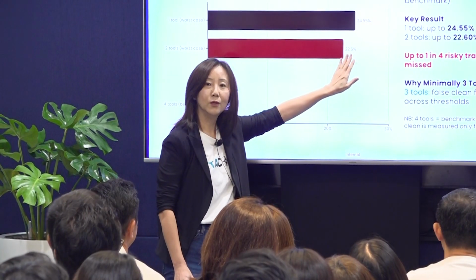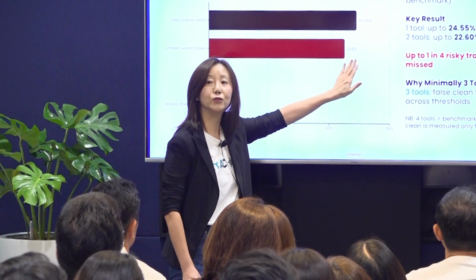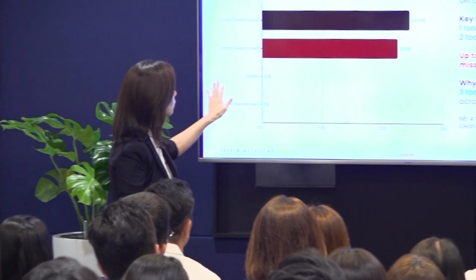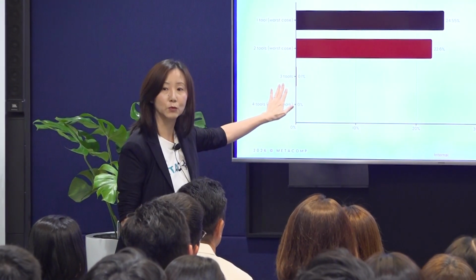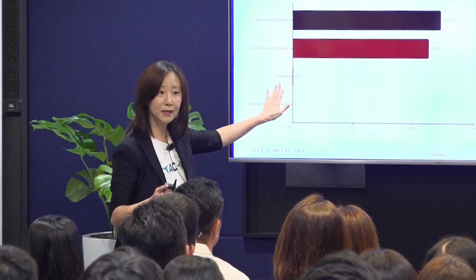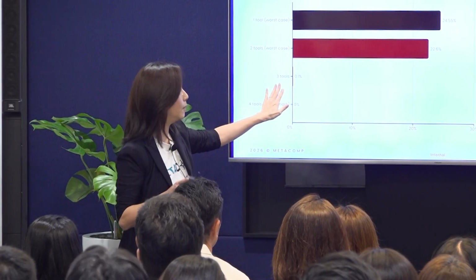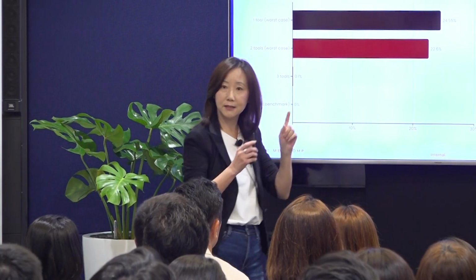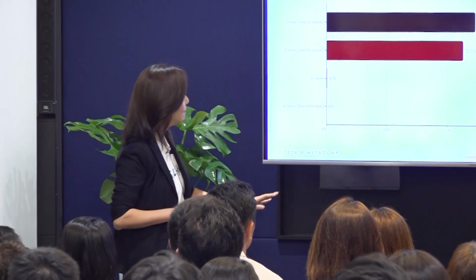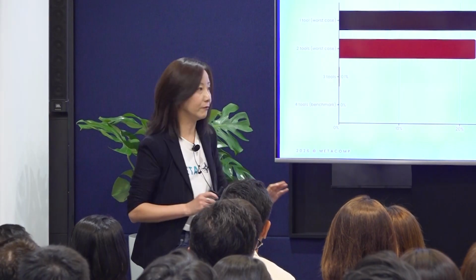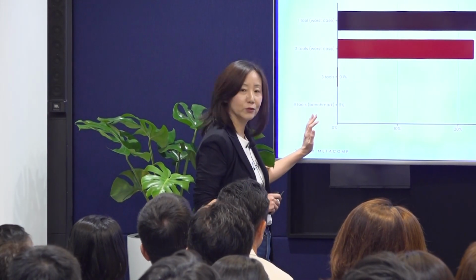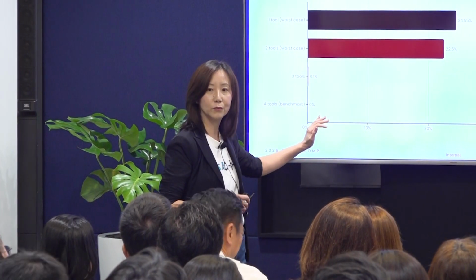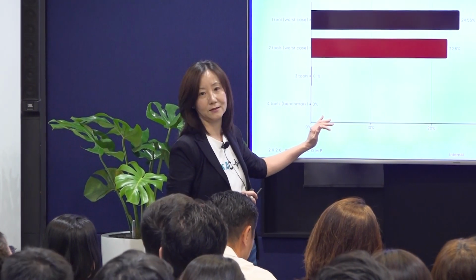No. You will still miss about 22% of the red flags. Only when you use 3 tools simultaneously does the possibility of missing red flags drop to 0.1%. It's a significant drop. And if you want to play very safe, the recommendation is to use 4 tools. With 4 tools, the chance you will miss these red flags drops to nearly 0%.